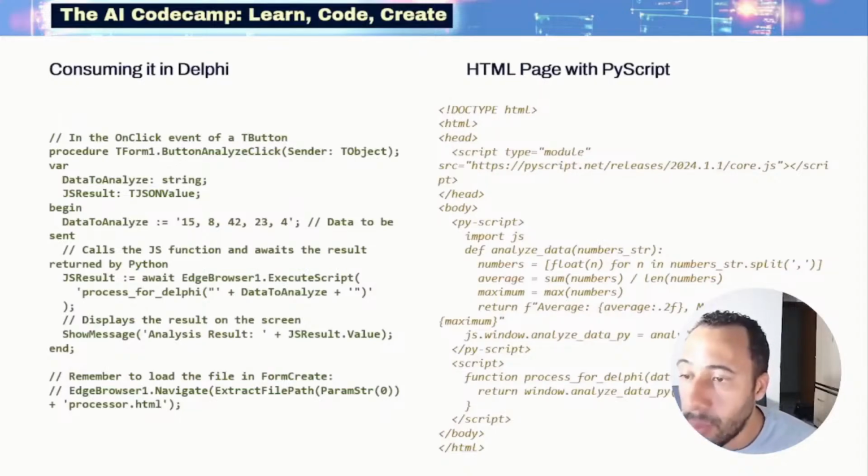The integration works as follows. Def calls a JavaScript function, which in turn executes the Python function and returns the result.